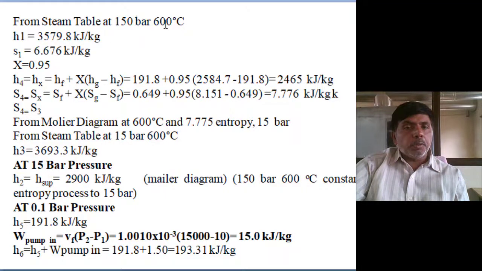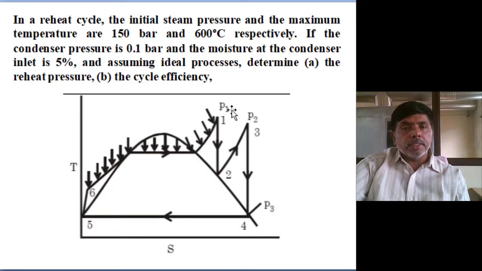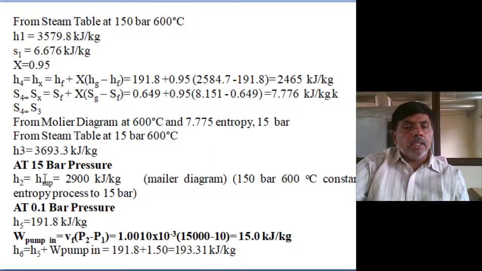Initial 150 bar pressure and 600 degrees temperature; the reheat pressure I have already determined, so you move vertically in the Mollier diagram up to 15 bar pressure. Then you will get the H2 value.